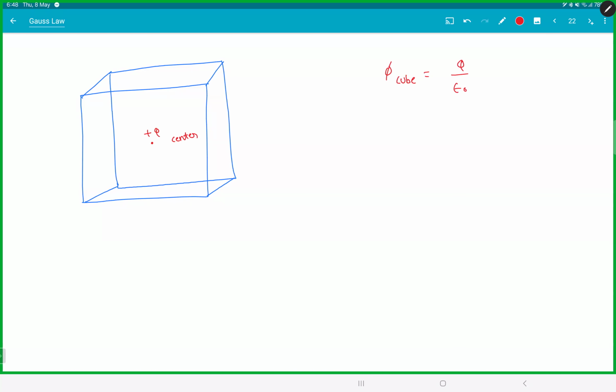Now you will see the use of A by 2. Because it is at the center, all the 6 faces are symmetrical. And there are 6 faces, therefore the flux through the plate will be 1/6 of that through the cube.